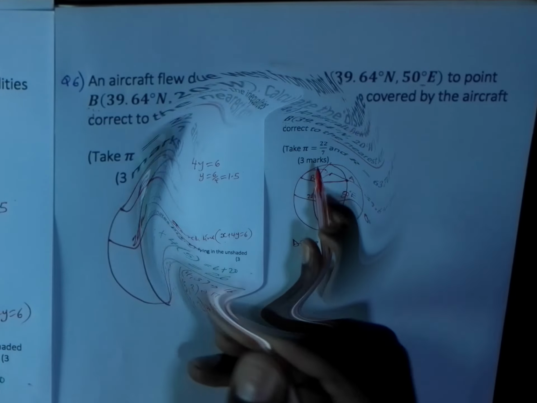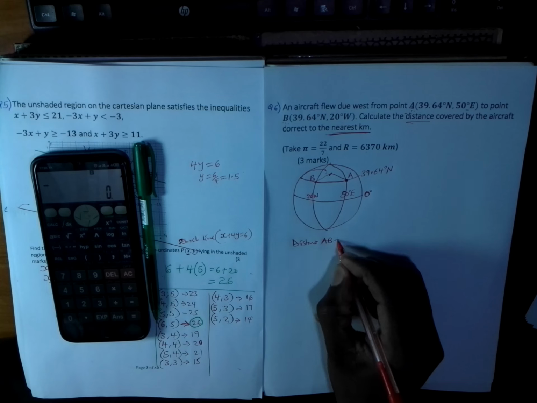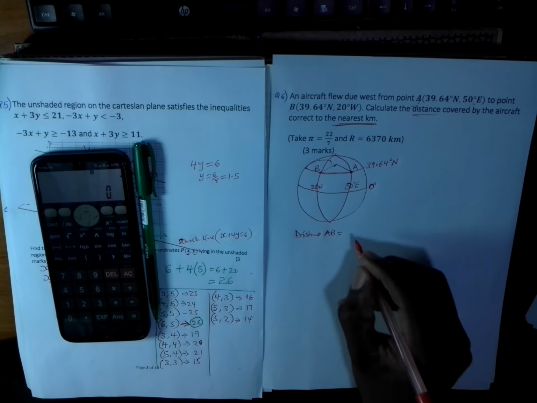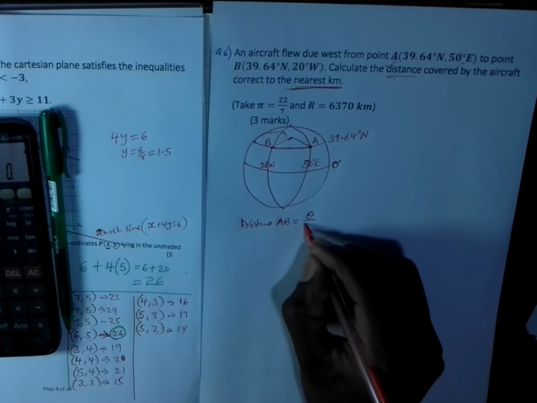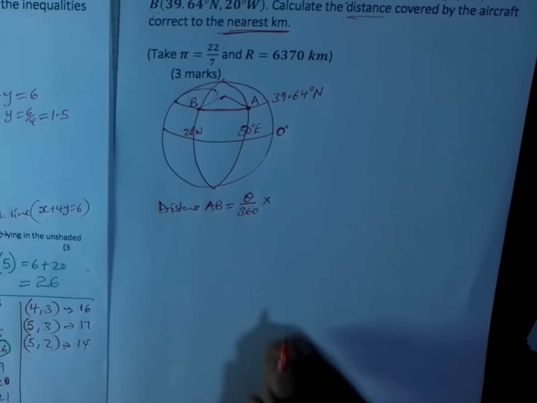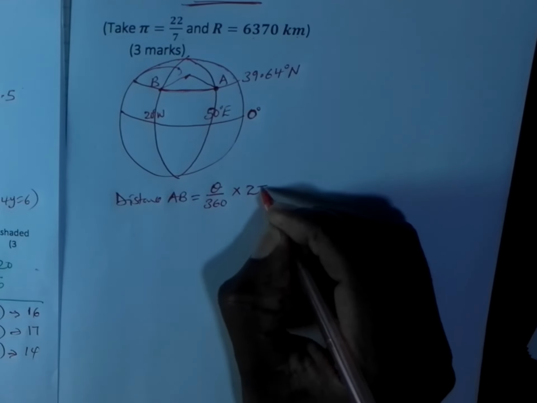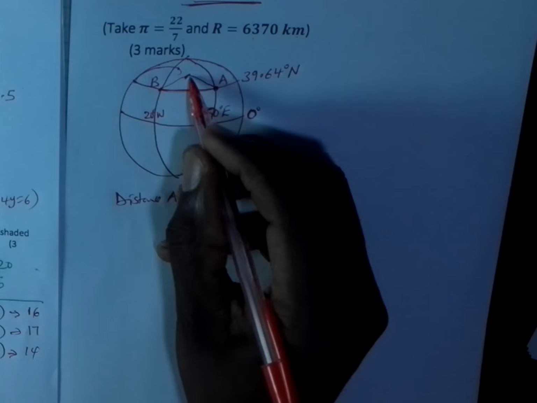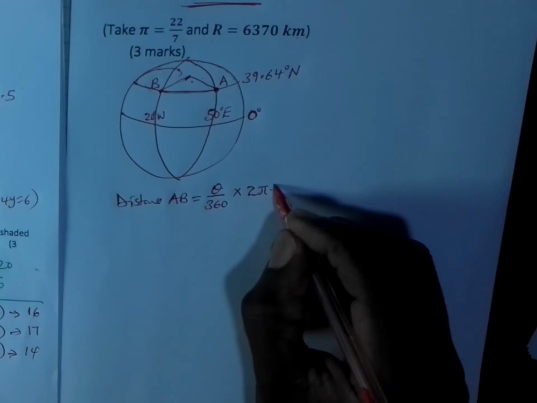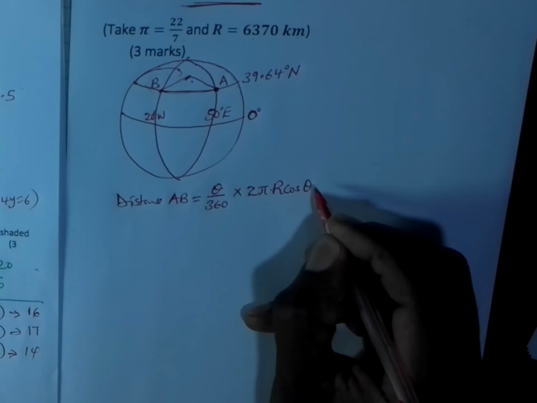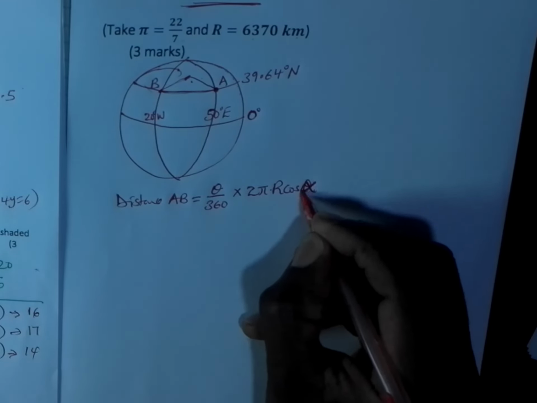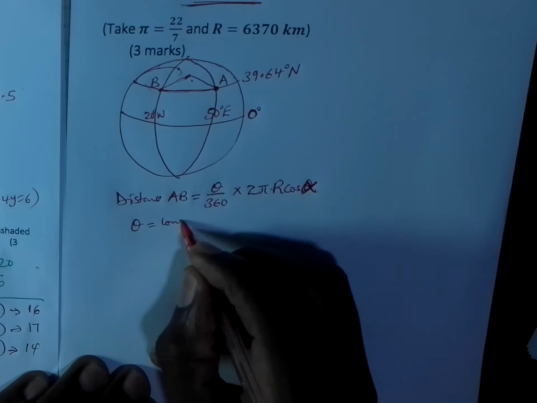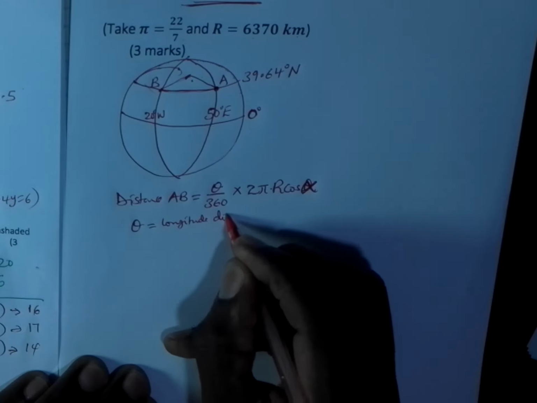If we draw the small circle at this point, the distance covered along the latitude AB is given by the longitude difference over 360 times 2 pi r. The radius for the small circle is given by r cosine alpha. In our case, theta is the longitude difference.